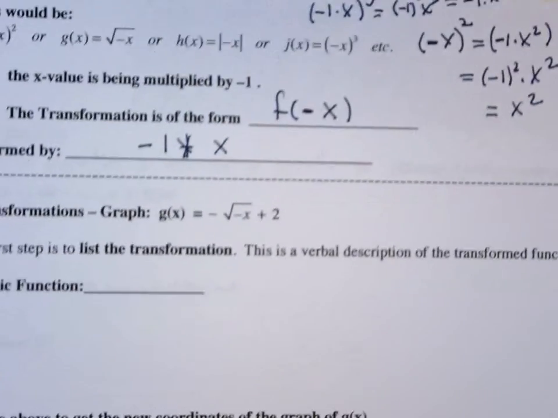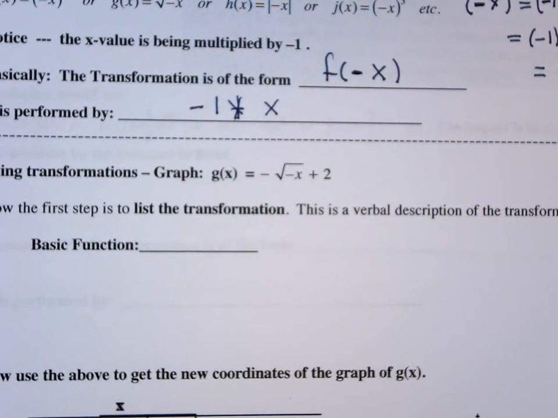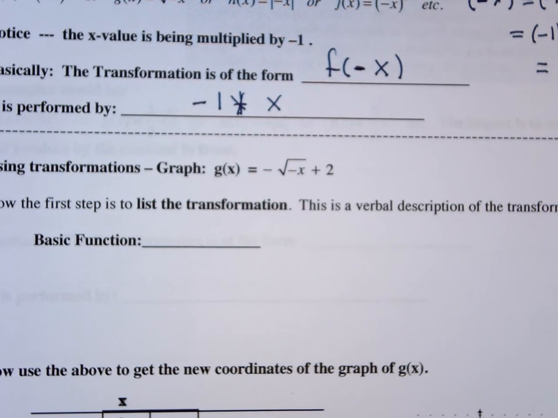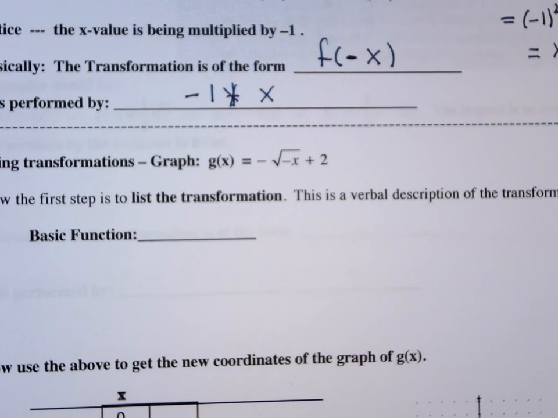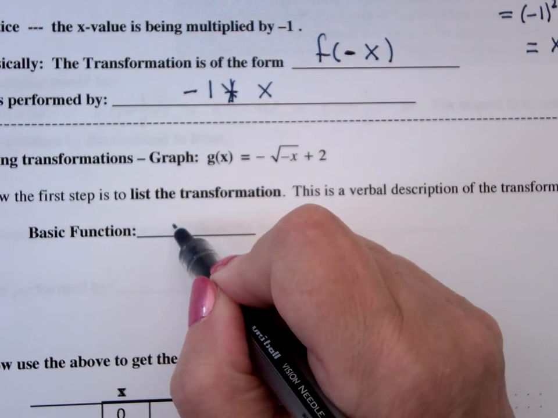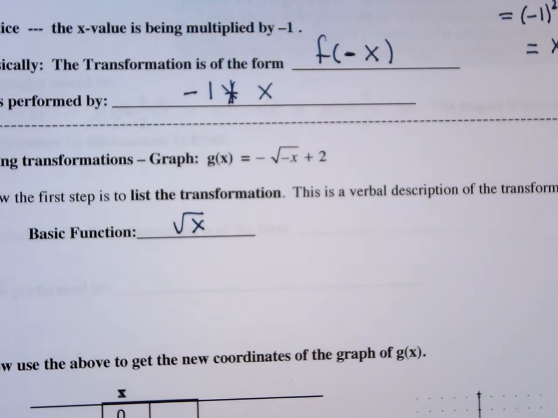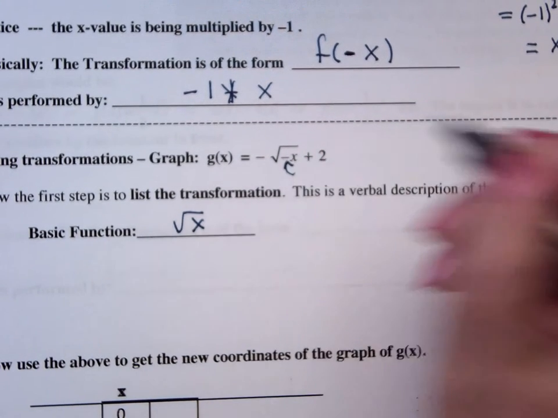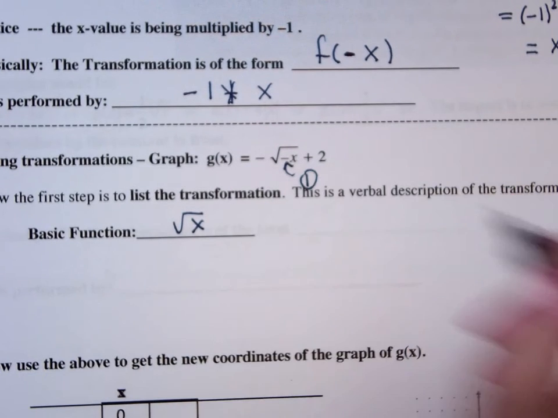So now we'll perform the transformation on one of the ones where it makes sense. The basic function, in this particular instance: we have g of x equals the opposite of the square root of the opposite of x, plus 2. What's the basic? Square root of x. If I start from the inside, that's my first transformation.